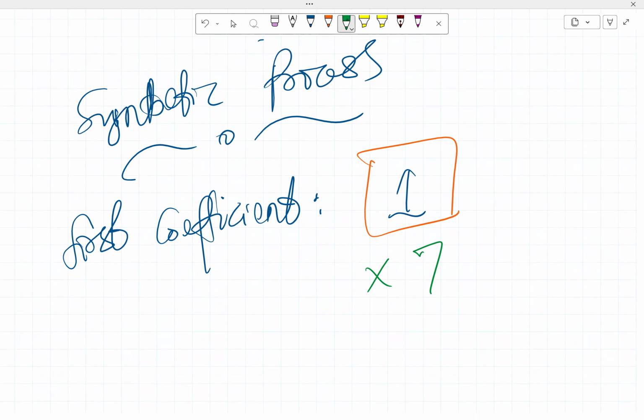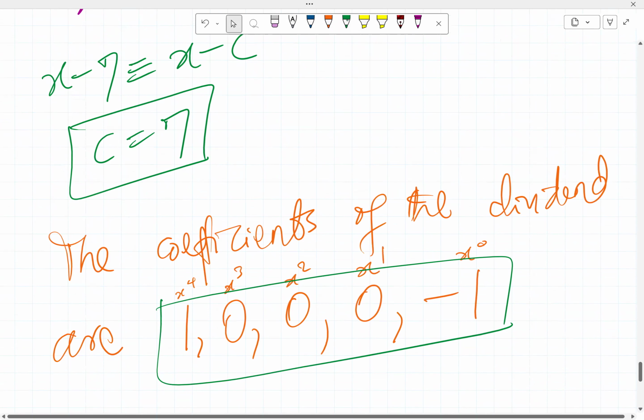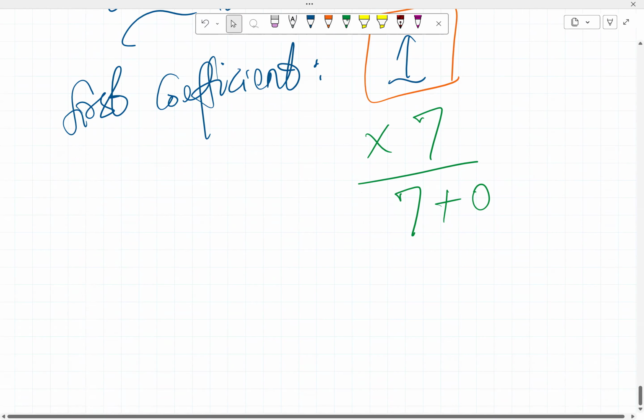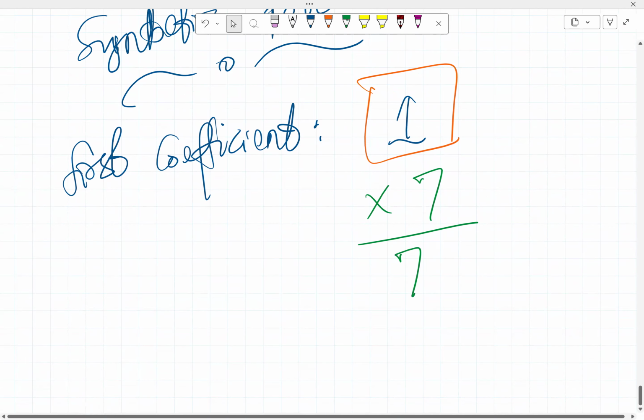Multiply that by 7, and that gives you simply 7, right? And what do you do with this 7 now? You then add it to 0, which is the next coefficient. Or okay, let me just do it in a straight form. So 1 times 7 is 7.